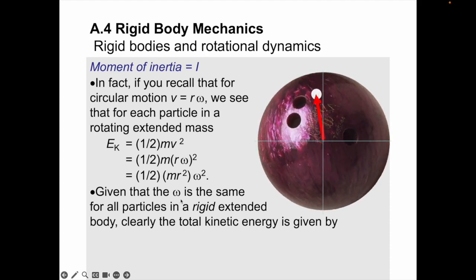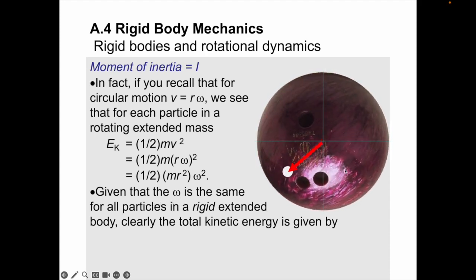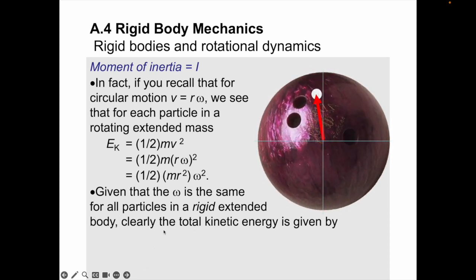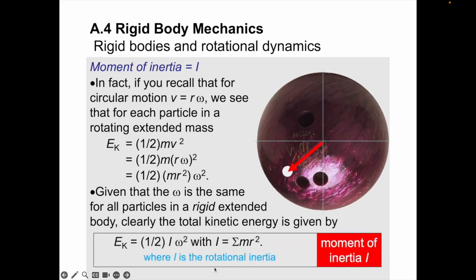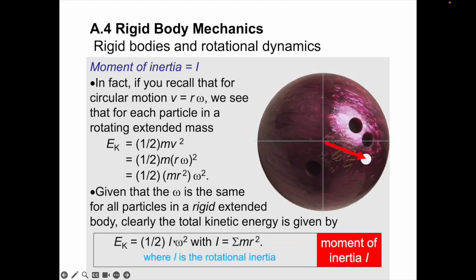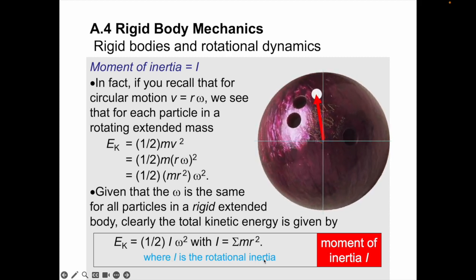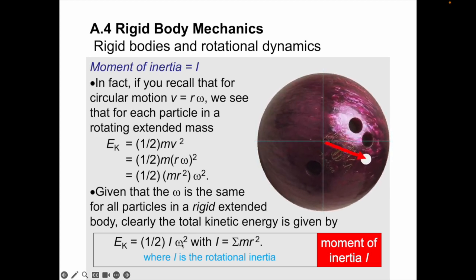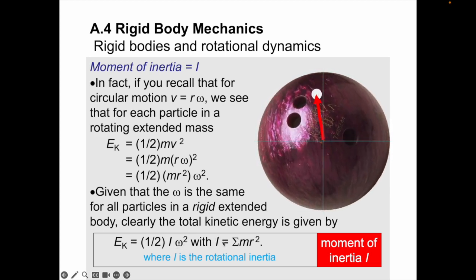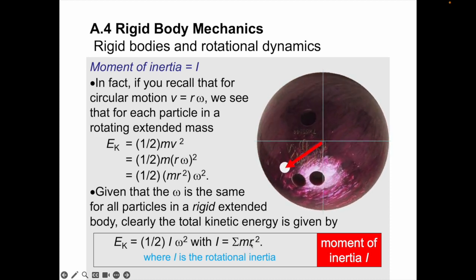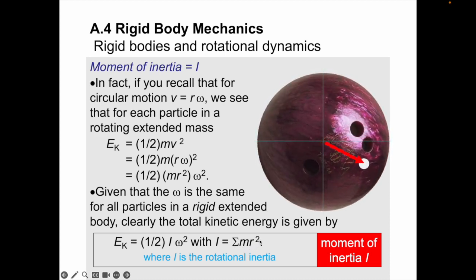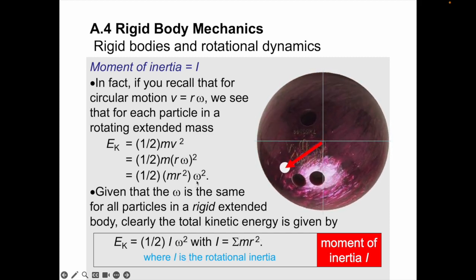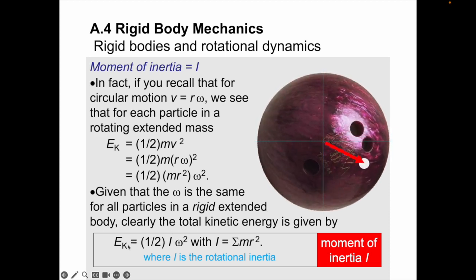In this case, if we're given that the angular velocity is the same, which means the rotational velocity is the same for all particles in a rigid extended body, we can say that the total kinetic energy is going to be given by our half I. In this case, the I is your rotational inertia, or the moment of inertia, times the angular velocity squared, and the I is actually going to be the sum of the mass times the radius squared. So if you look at this, it is actually nested inside of this I right here, and that's how we get from this equation to this equation.